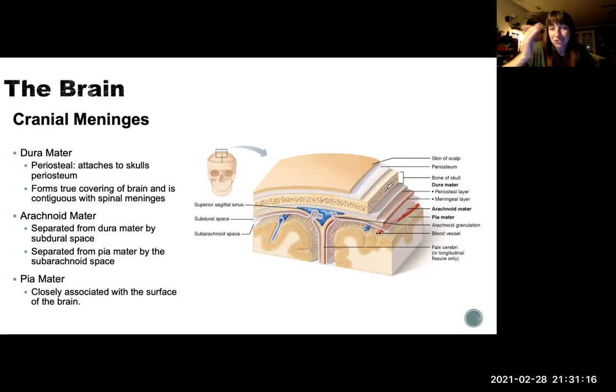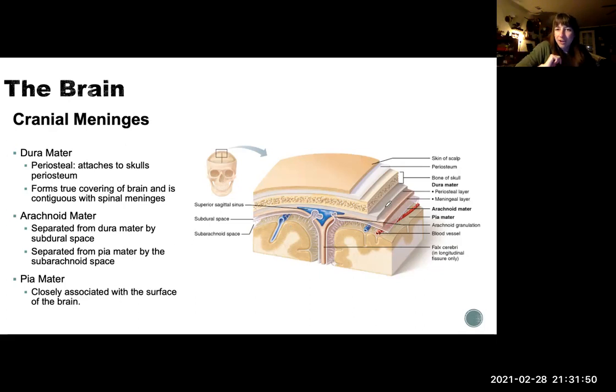Your bone connective tissue sheath is called the periosteum, and the dura mater is sitting right up against the bone, so it's attached to the periosteum on the inside of your cranial bones. It is also continuous with the spinal meninges, okay, which we will see when we get to the spinal cord.